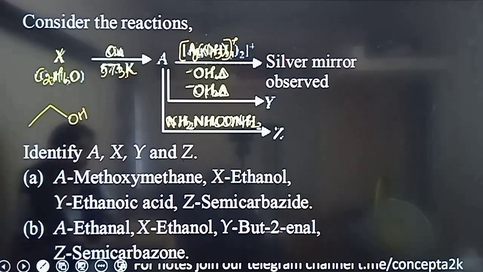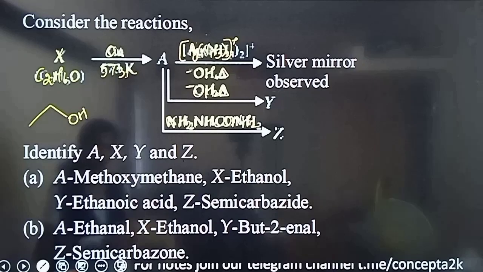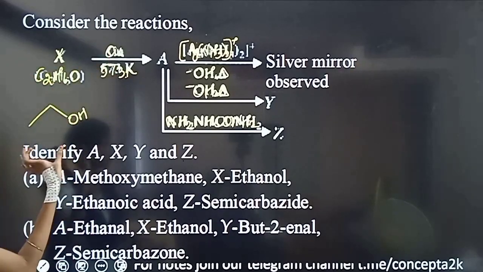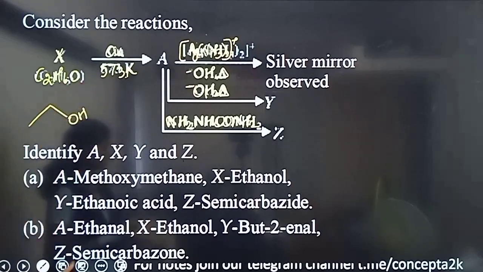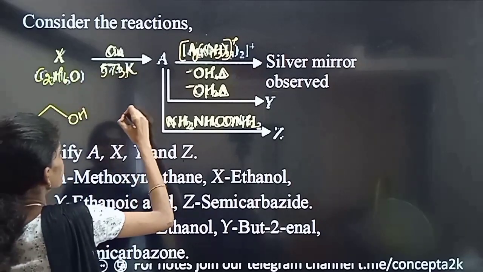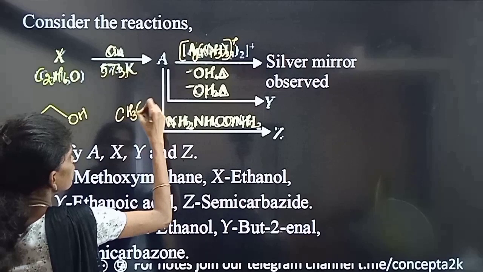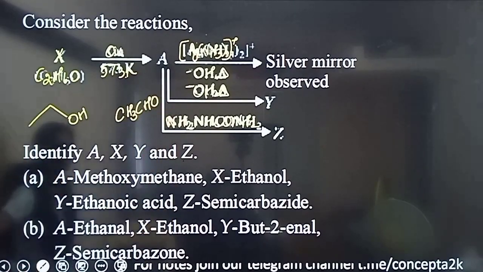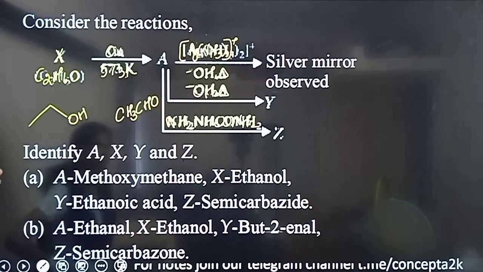So if we heat this, on heating ethanol at 573 Kelvin, we get acetaldehyde, which is treated with ammoniacal silver nitrate.